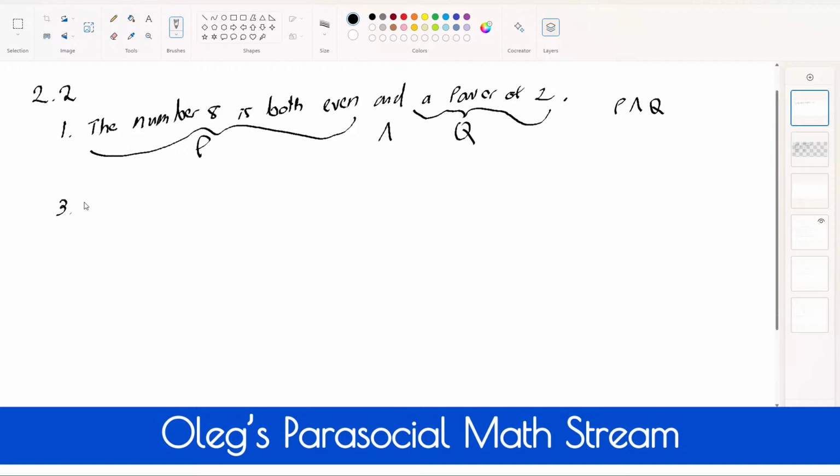Just going to do one more and then I'm going to check the answers. X is not equal to Y. So we're going to say, let's try not P, where P is X equal to Y. Something like that, maybe.